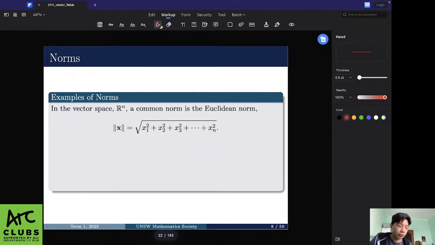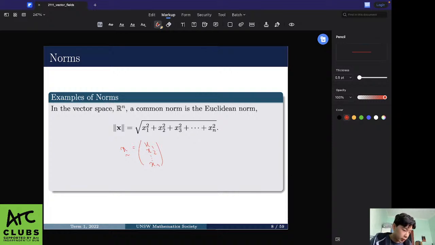Now, we have the norm of a vector space R to the n, where this means that the vector is an n-dimensional vector, right? So the norm of some vector x, and of course, in this case, x is equal to x1, x2, and so on until xn, is x1 squared plus x2 squared plus x3 squared, so on until xn squared, and then square root of that.